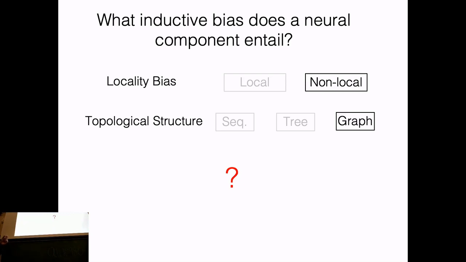Maybe we will introduce the model in a later class. If you really want to know the answer, it could be a graph network, or it could be the transformer. What if we combine the non-local and the sequence?